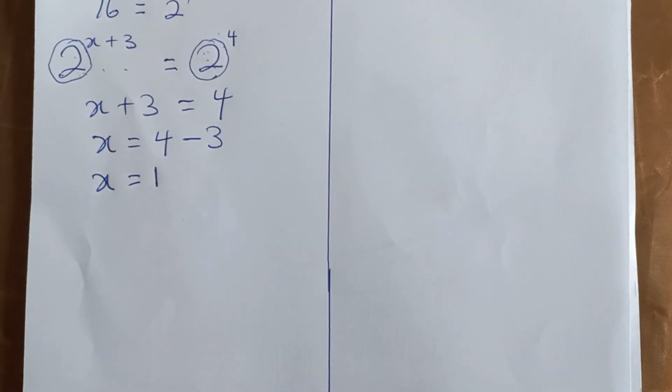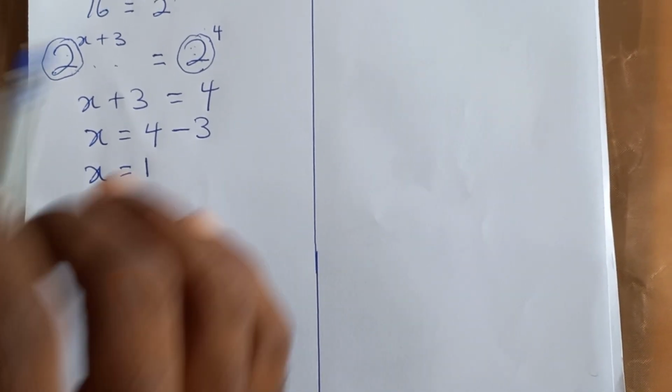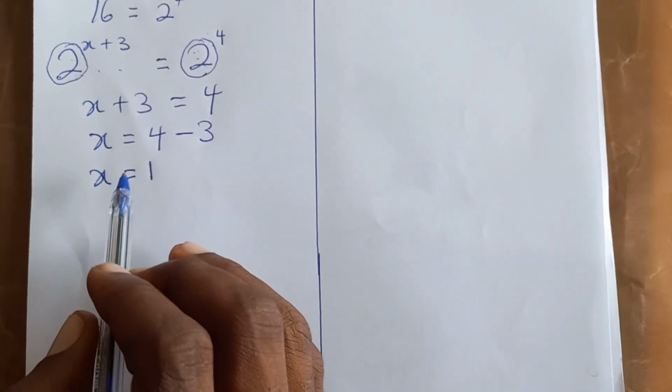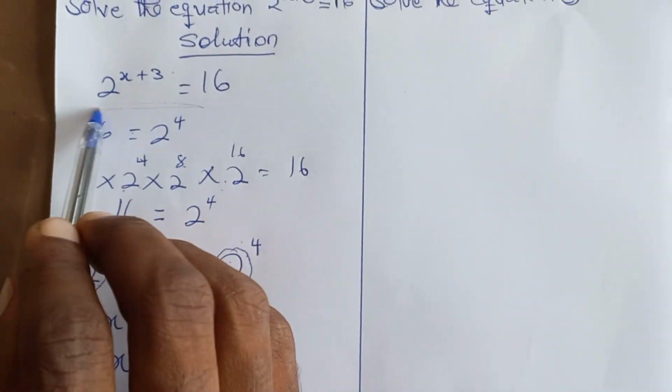Now, we have to check whether our solution x is equal to 1 is correct. So we put x is equal to 1 in the original equation.